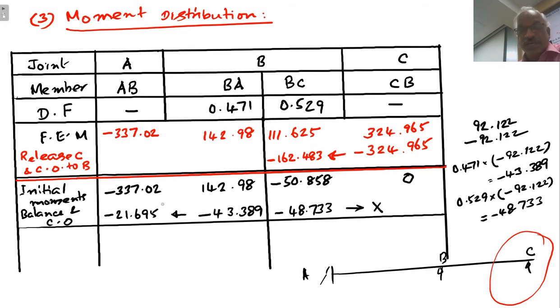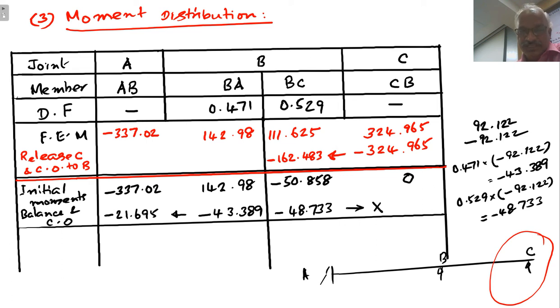As far as this problem, in future we will be doing a number of problems, with a number of iterations. So as far as this problem is concerned, there is only one intermediate joint. Therefore, the balancing and carryover process is over. That is why I have done it in the same line. Otherwise, I have to bring this 21.695 to the next column, again balancing and carryover till the values become negligible.